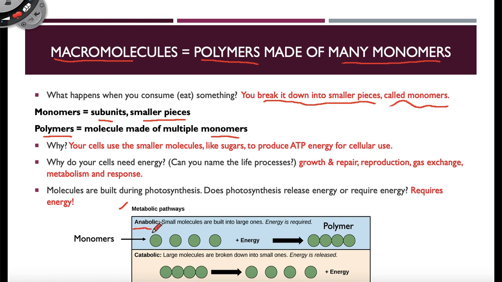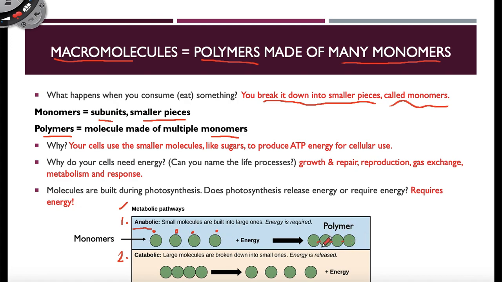So there are different metabolic pathways. We have an anabolic pathway and we have a catabolic pathway. So in an anabolic pathway, you take the individual monomers, the individual pieces like this. You need energy to put these little pieces together, and then you form a polymer. And notice that this polymer has to be bonded one way or another, right?